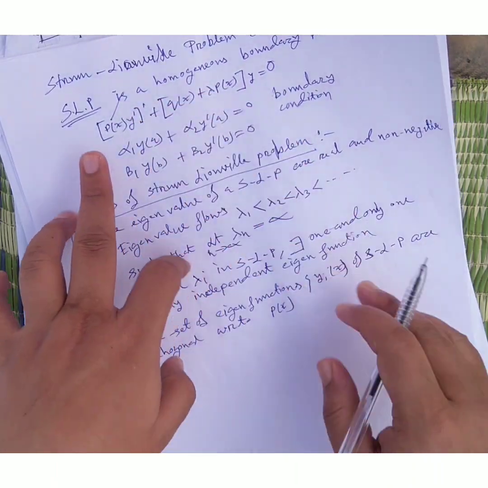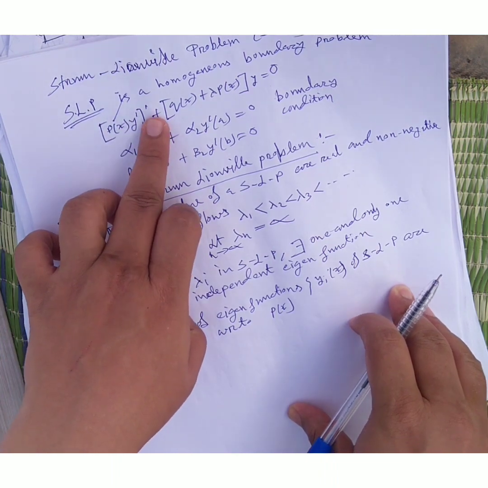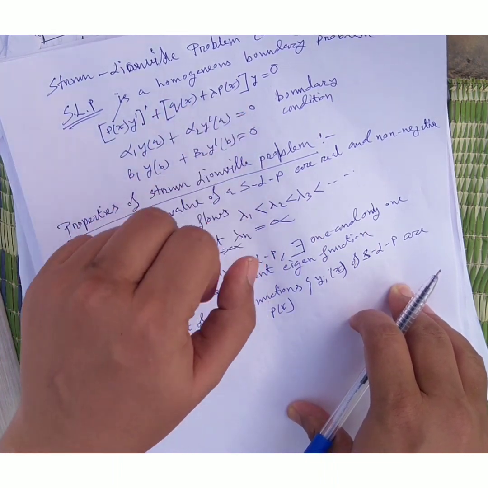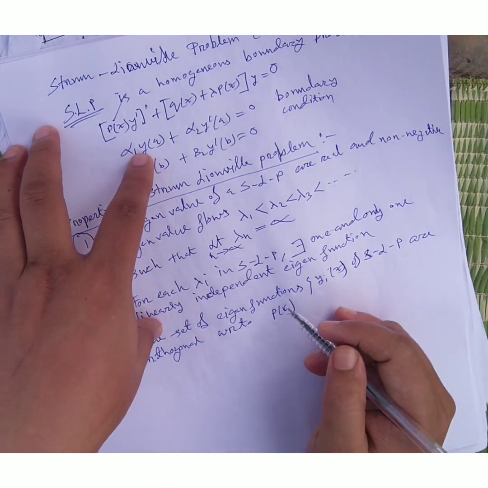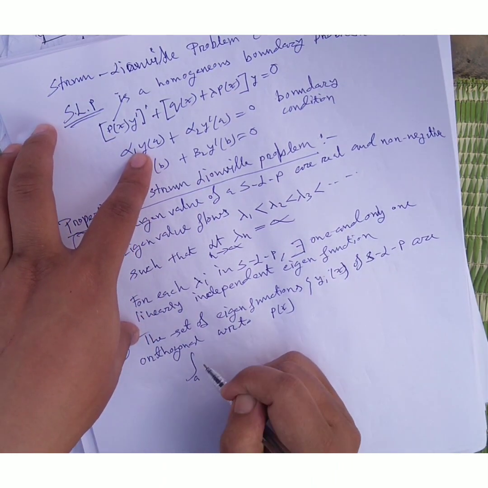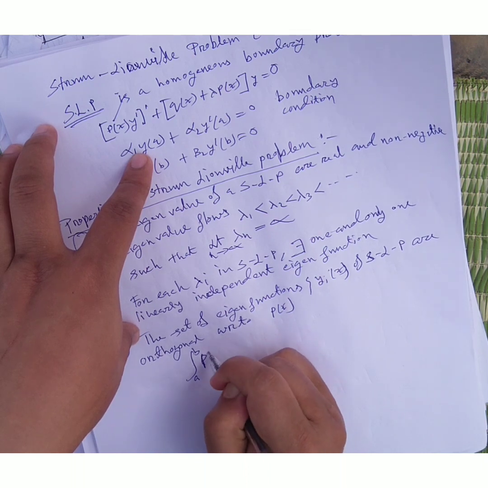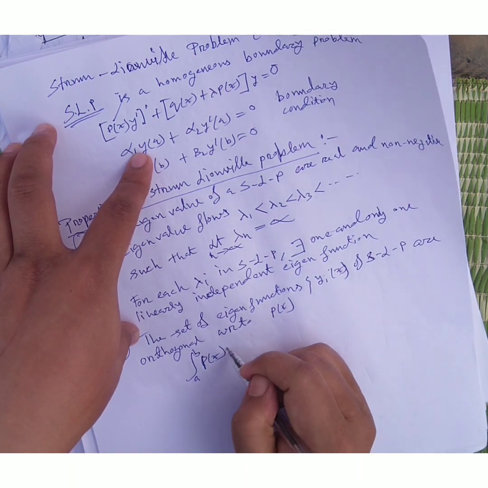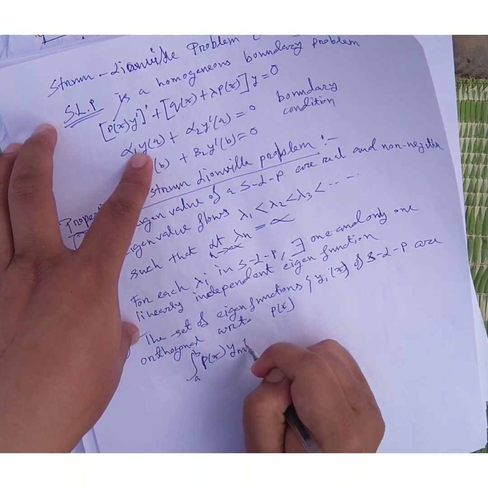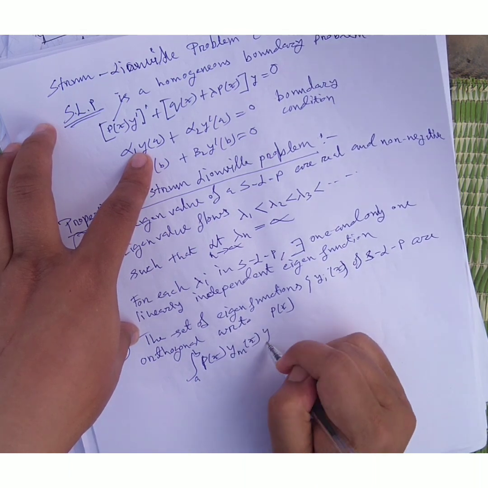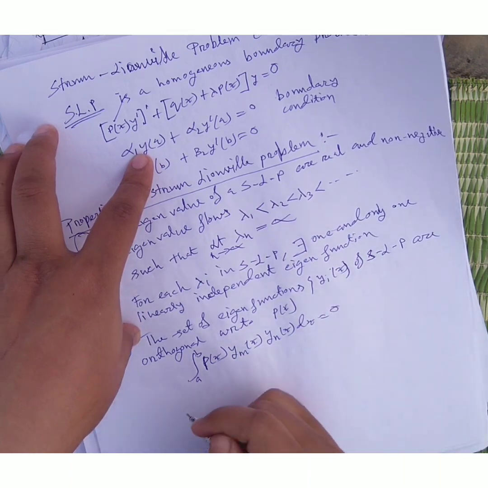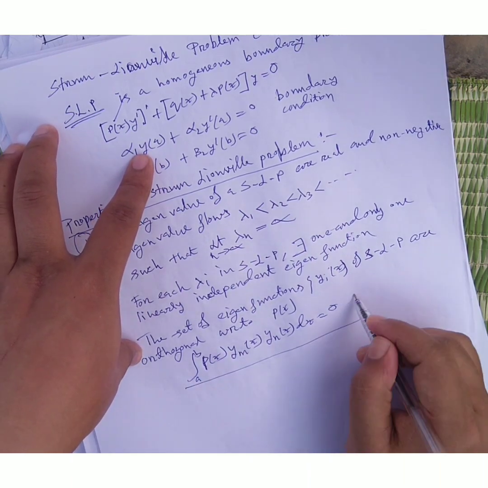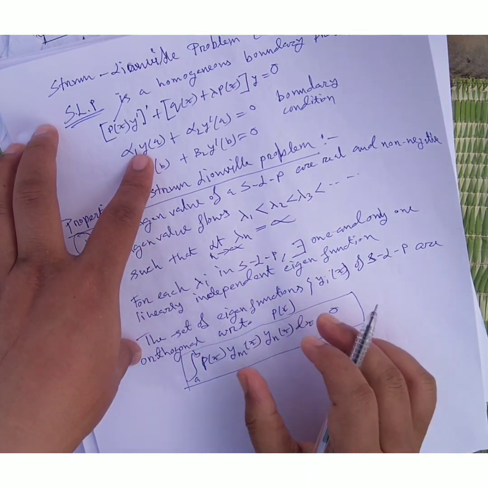Here P(x) is the portion in (R(x) y dash) dash plus (Q(x) plus lambda P(x)) y. Then the integral from a to b of P(x) y_m(x) y_n(x) dx is equal to 0. This is the orthogonal property.